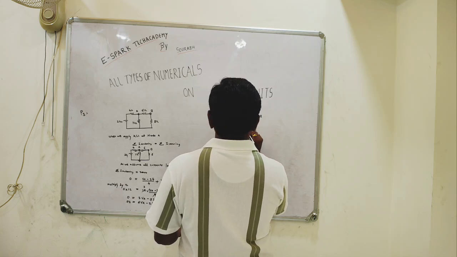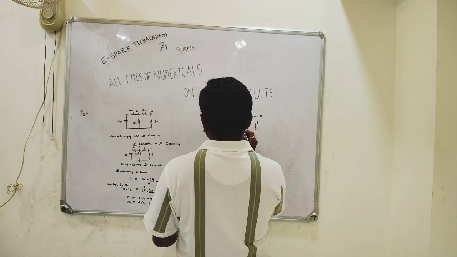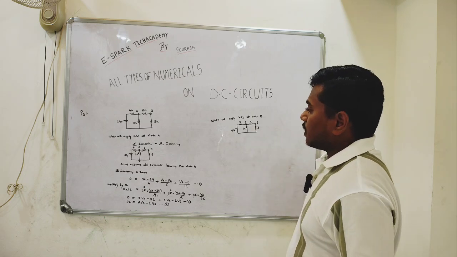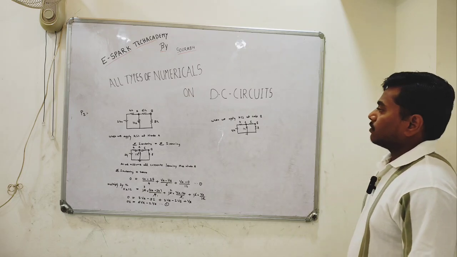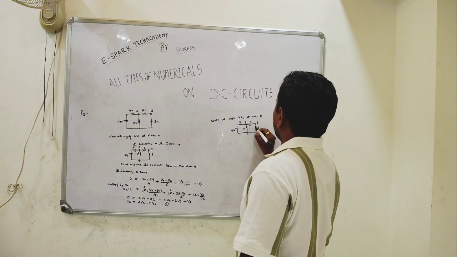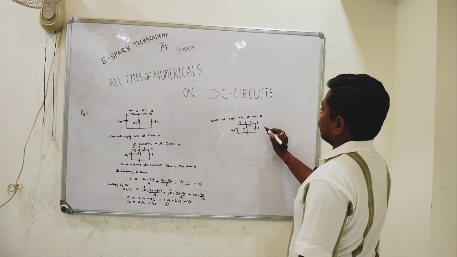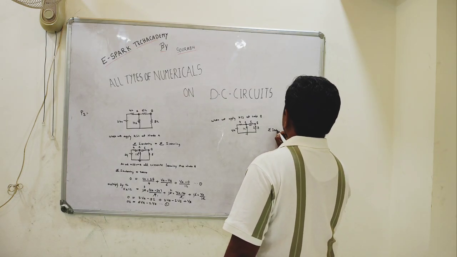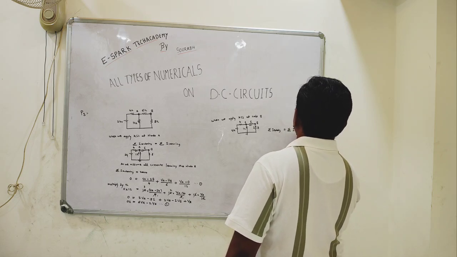Six, 12, 4, 24 and 8. Now as we are applying at node B, the same way we will assume all currents are flowing away from the VB. Now summation of I entering is equal to summation of I leaving.